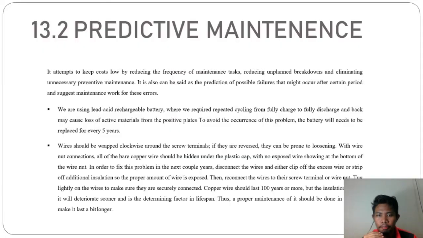Okay, predictive maintenance. We are using a lead acid rechargeable battery, and we are required to repeat cycling from fully charged to fully discharged, and that may cause loss of active material from the positive plate. To avoid this problem, the battery will need to be replaced every 5 years.